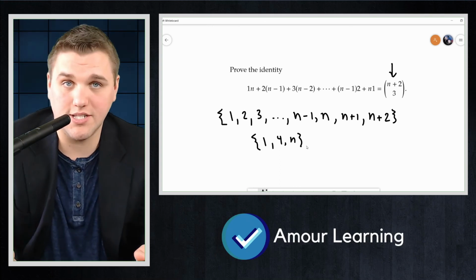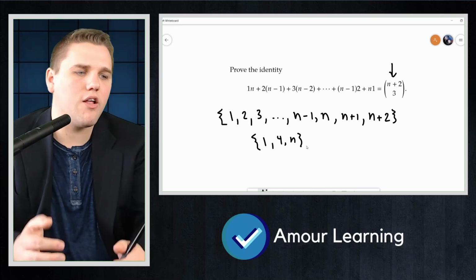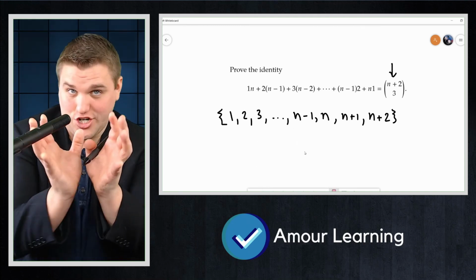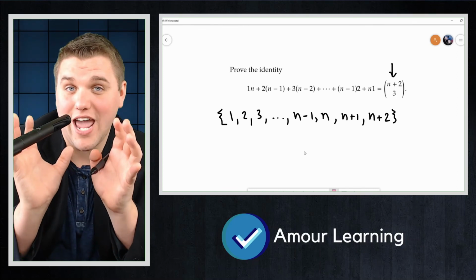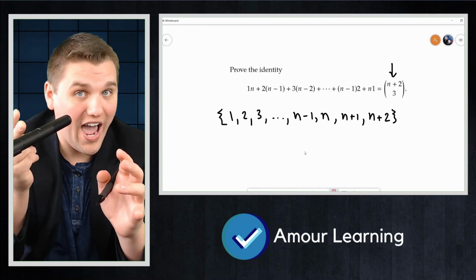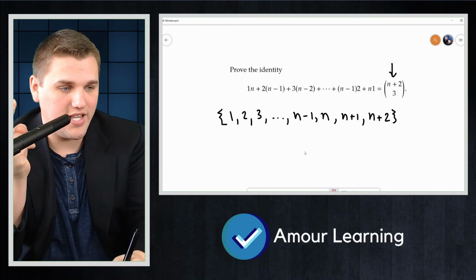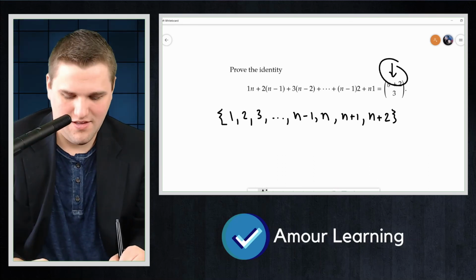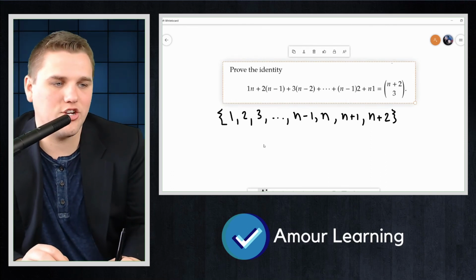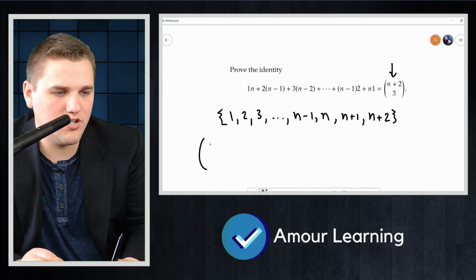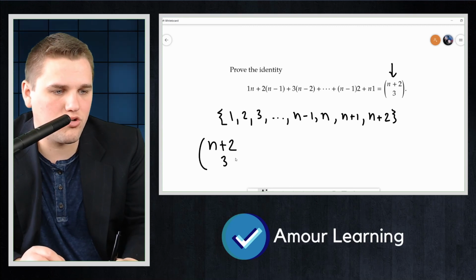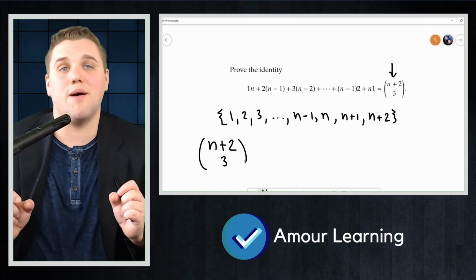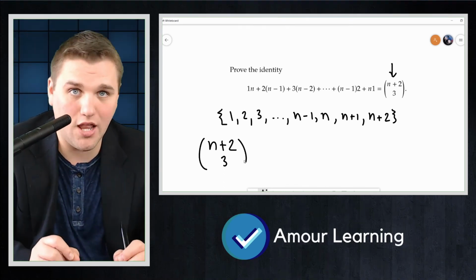That's one 3-element subset. How many 3-element subsets are there of this set? That's the question I'm framing here, and I'm going to answer it twice in two different ways. The first way is that way. We know the answer is n plus 2 choose 3. We just have all of these n plus 2 elements and we choose 3 of them for our 3-element subset.